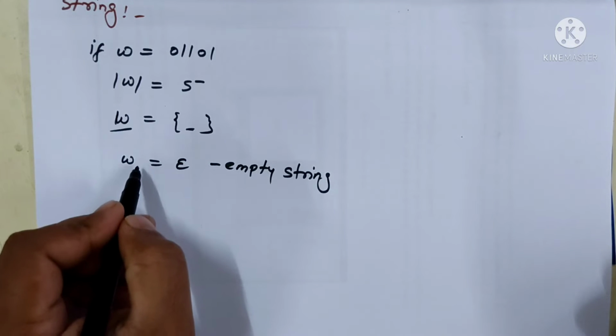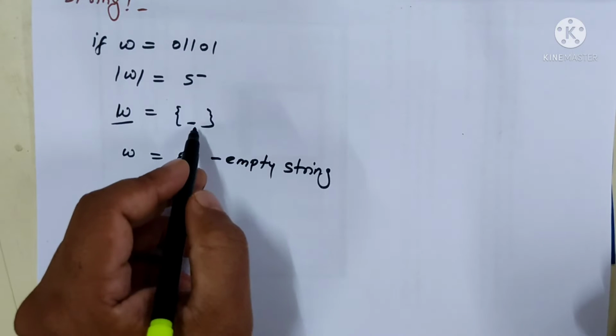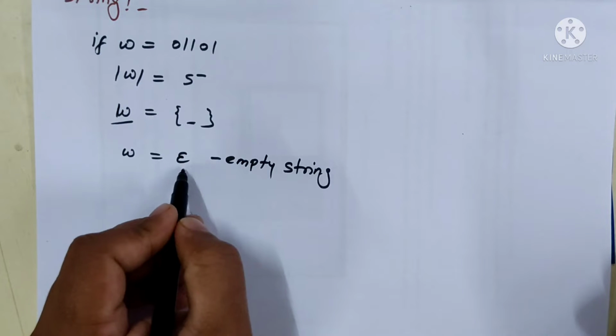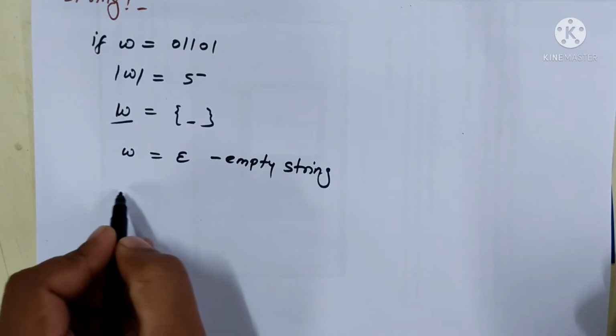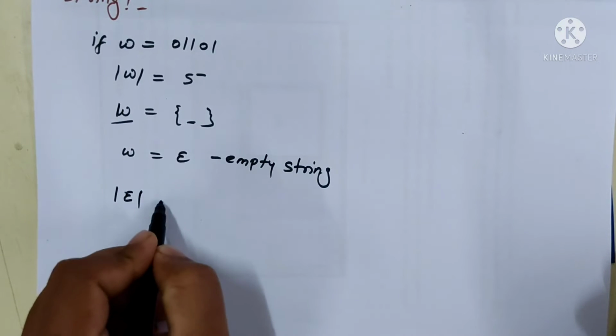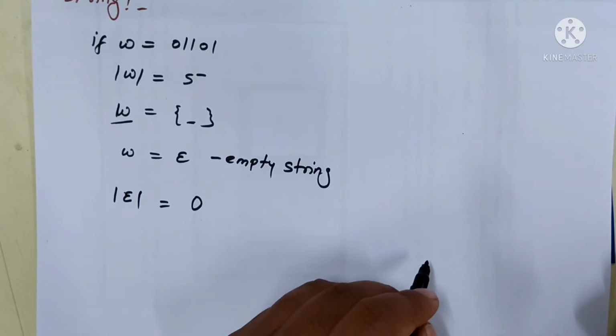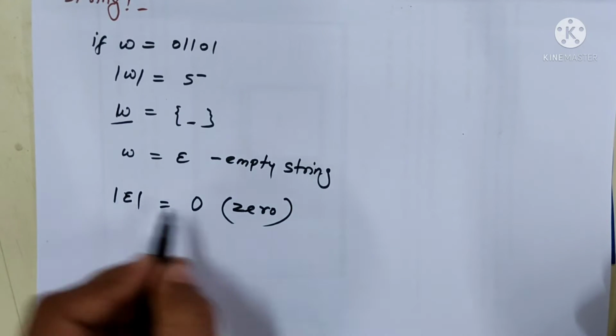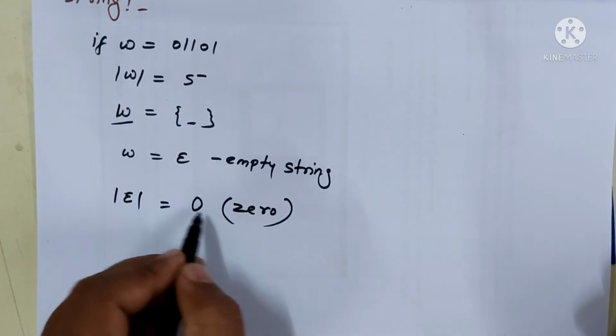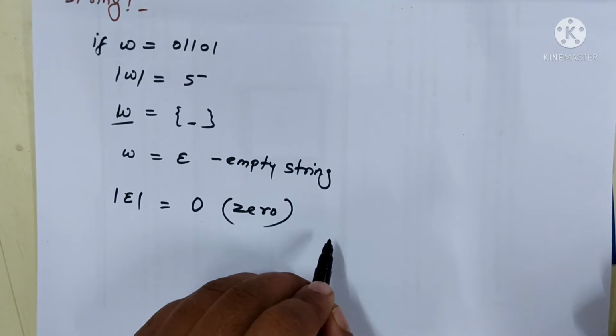So when any string is empty, we define it as epsilon. Epsilon means the string is an empty string. So when the string is empty, the count of the string is obviously 0, because epsilon is nothing but a string of count 0.